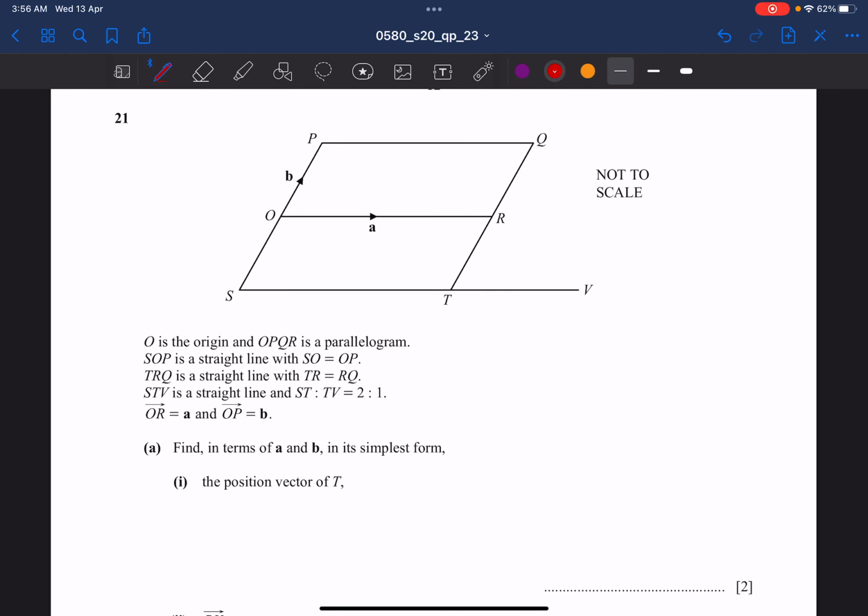So O is the origin, and OPQR is a parallelogram.